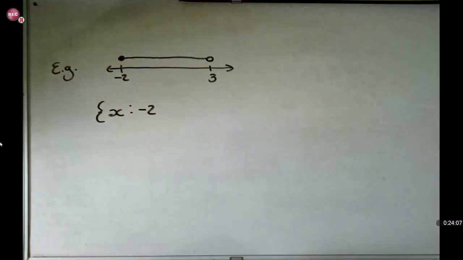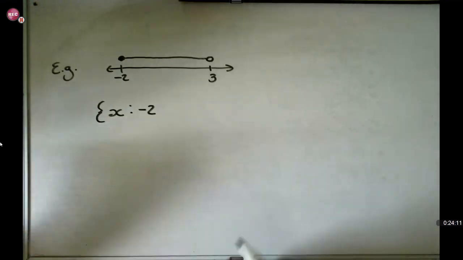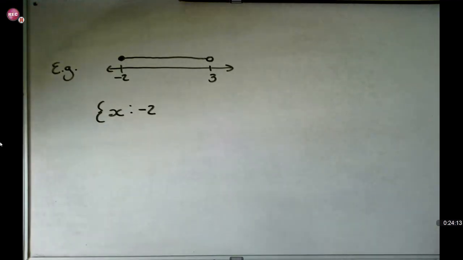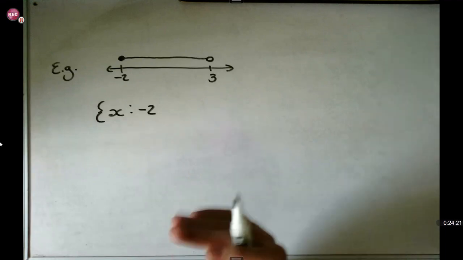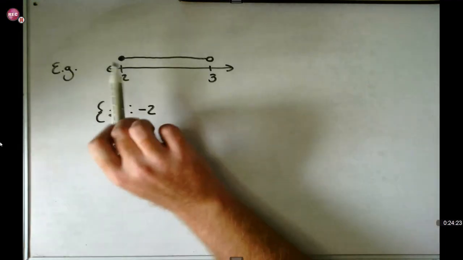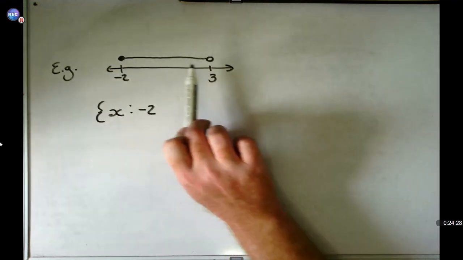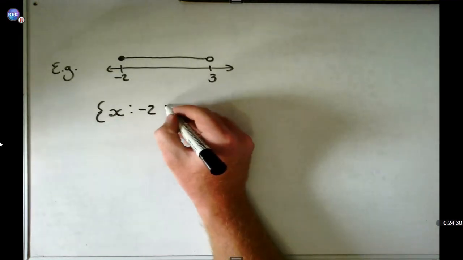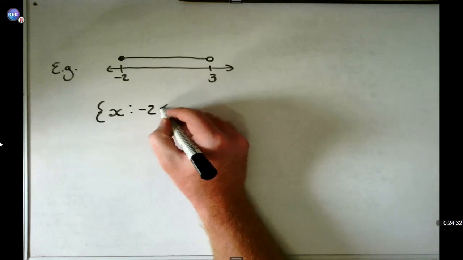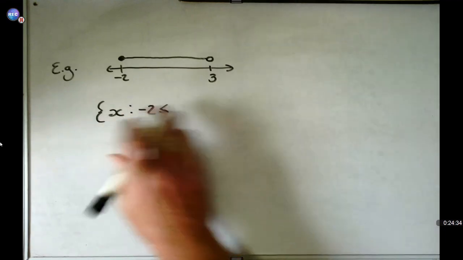Is -2 included or excluded? It is included because the dot is colored in, which means that we are going to use a sign with an equal sign as well. But you now need to see that the line is moving away from -2, which means that your bracket, or rather your sign, has to be open away from -2.